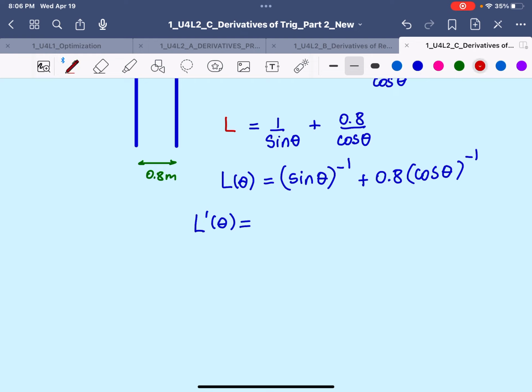Notice that here we have an outside function, the power function.